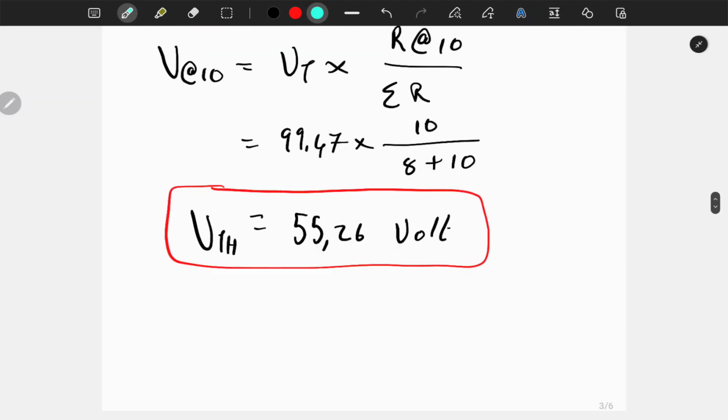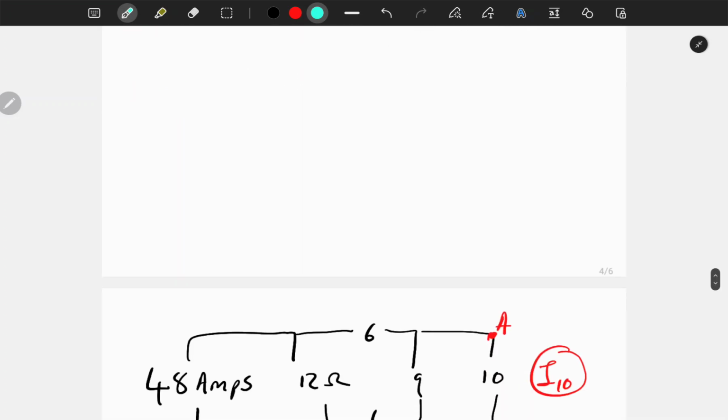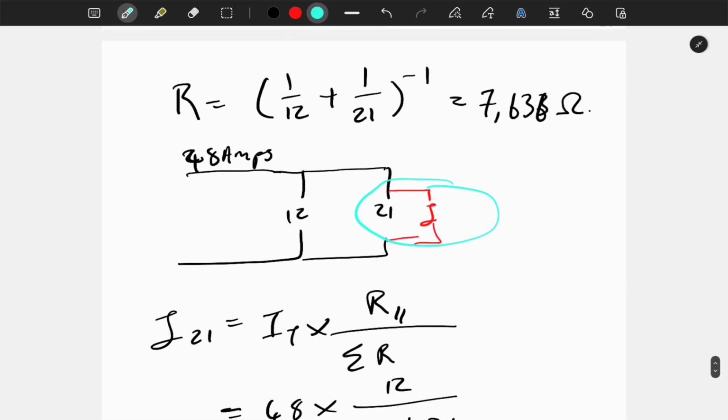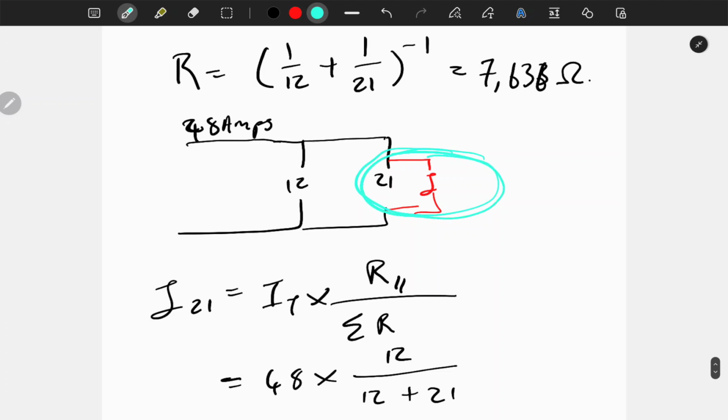So now we are going to also remove these values, right?